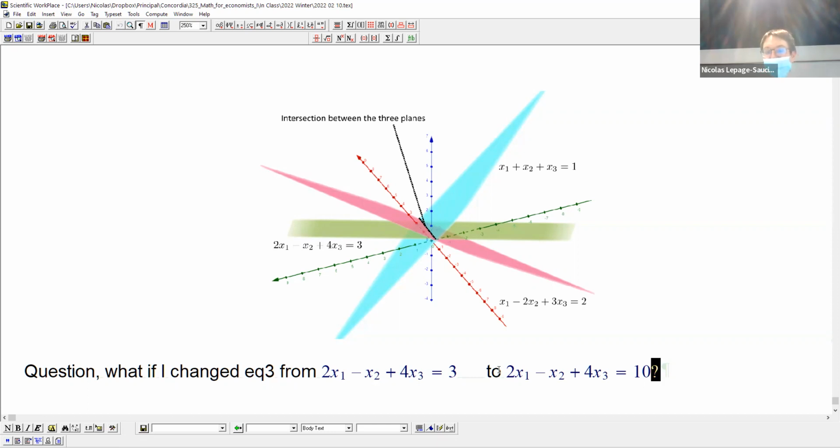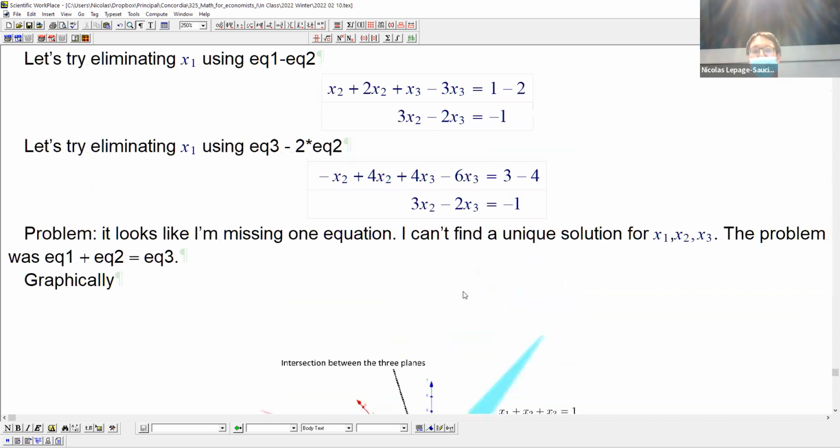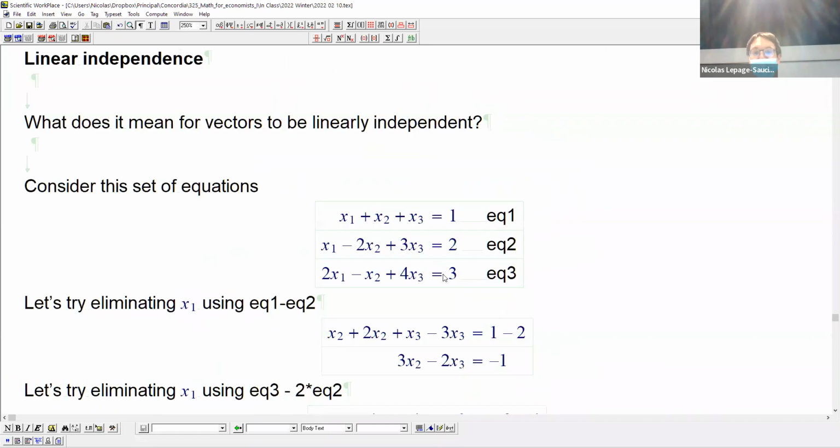Would I have been better off or not? What I'm saying is, what if I change the intercept of one of the equations? So rather than 3, I have 10, for instance. Would that help me or not?